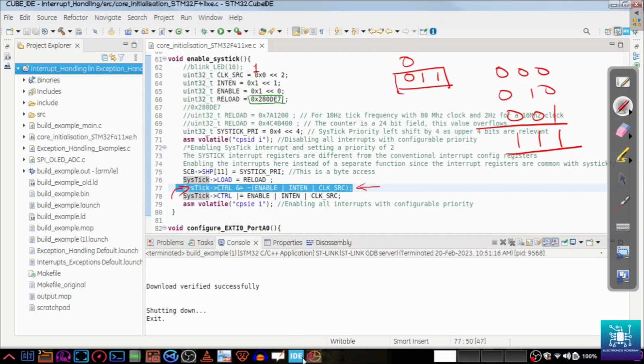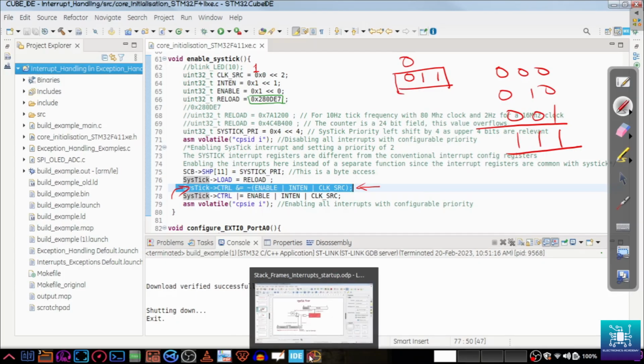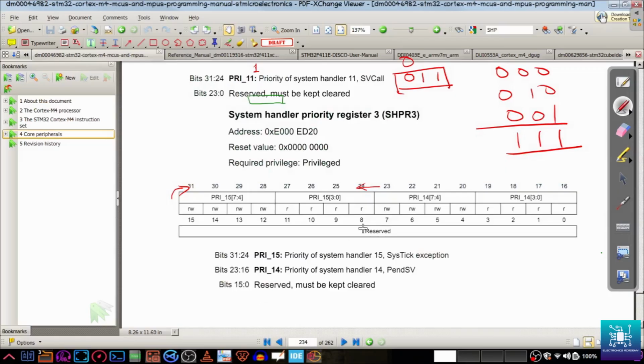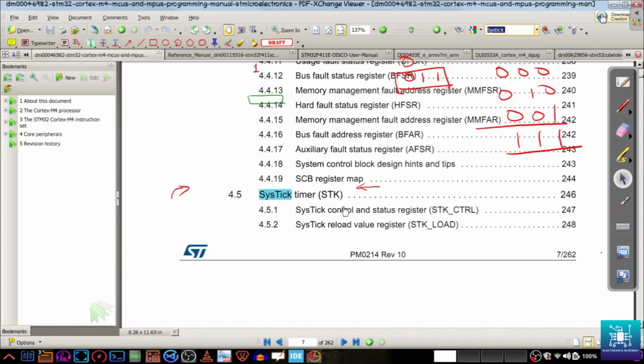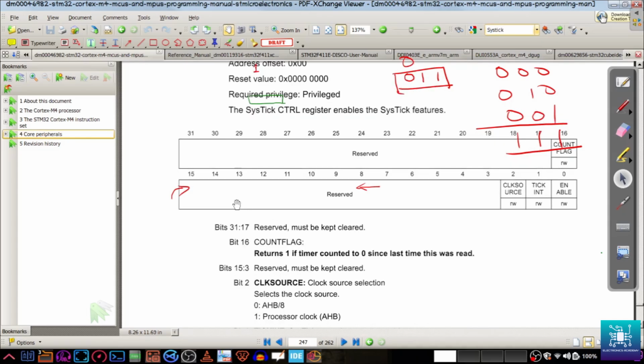We'll go back to the Systick register once again and I'll show you what was really going on here. So the Systick status and control register, here mistakenly I was ANDing it with a 0 1 1, ANDing it with the complement of 0 1 1.